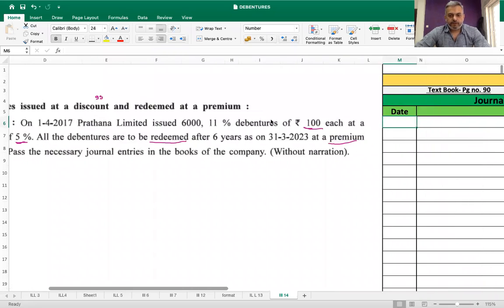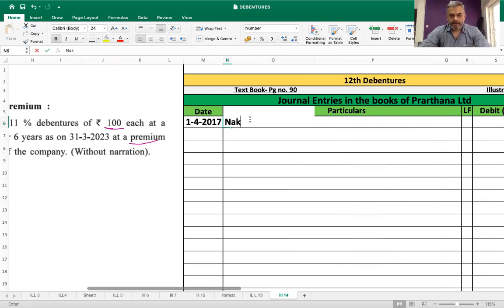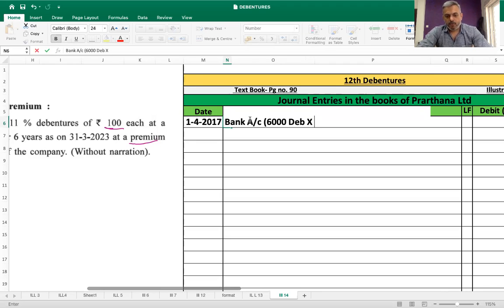Now, let's write the entry for issue, 1/4/2017. Bank account debit. Now 6,000 debentures into, now here instead of getting 100, we are going to collect only rupees 95, discounted. 100 minus 5 discount.